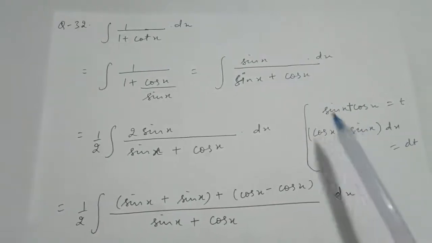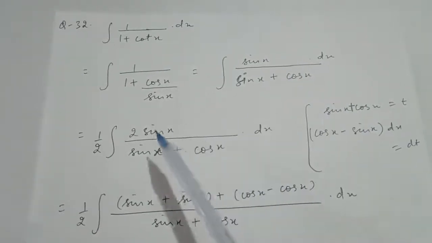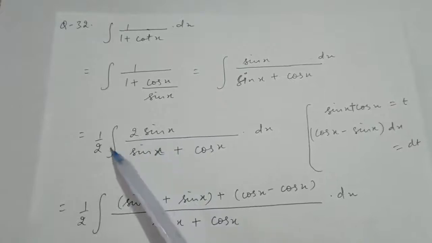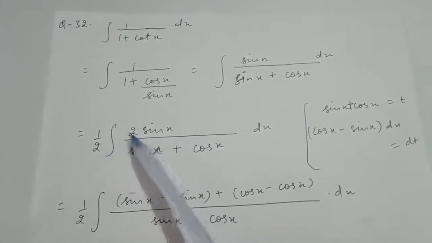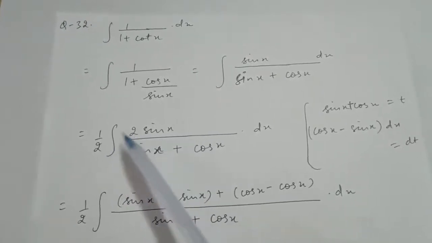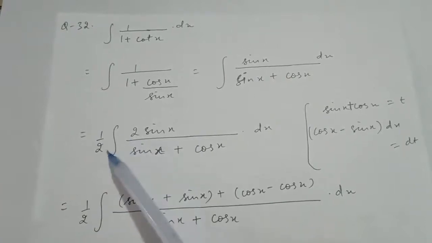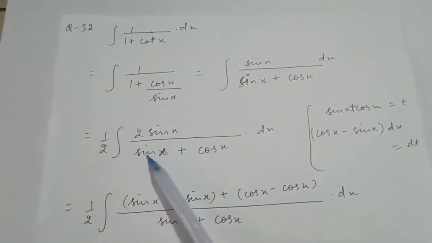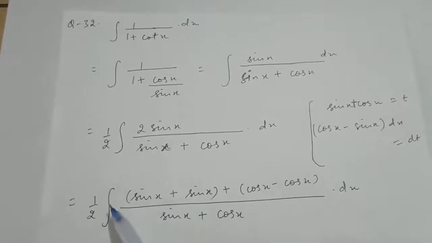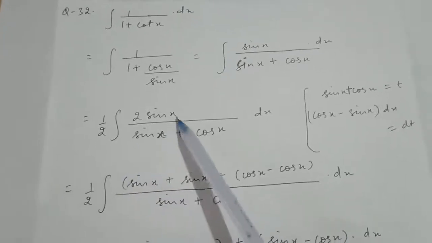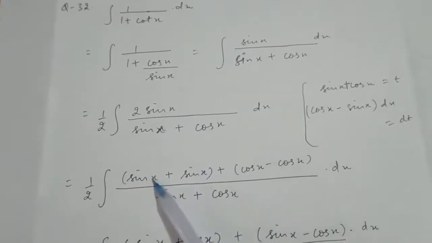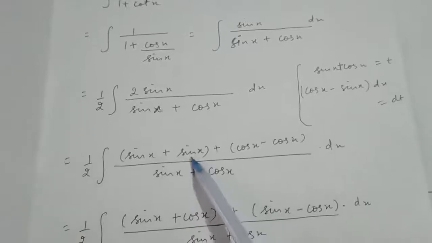Therefore we will make some changes. So see, multiply and divide this integral with 2, right? Now 1 by 2 as it is, and this 2 sin x can be written as sin x plus sin x, right?